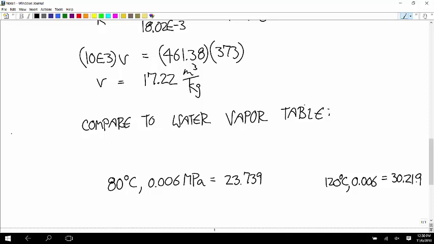Okay. And then 80 Celsius, and what's the other pressure? 0.035. Okay.